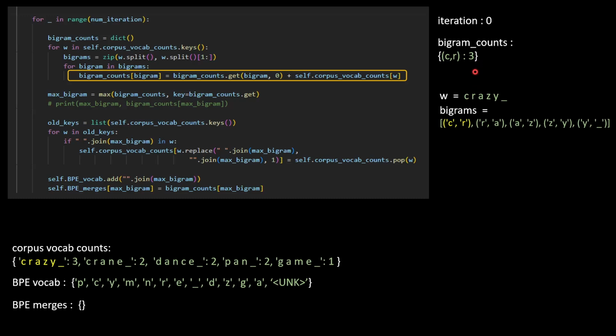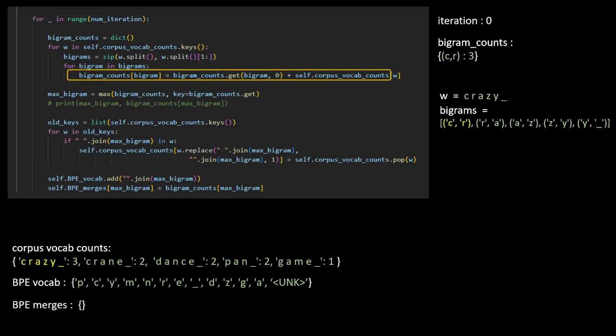We have not seen the other words yet. It may be that CR has appeared more than 3 times, since CR can be present in other words as well. But till this moment, we have seen CR only 3 times.